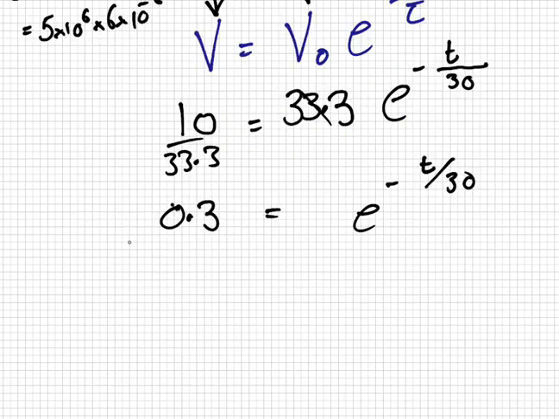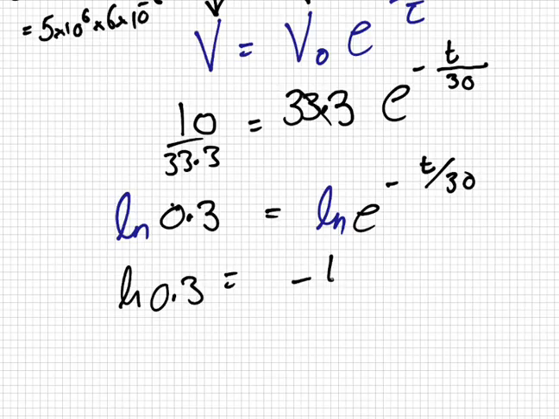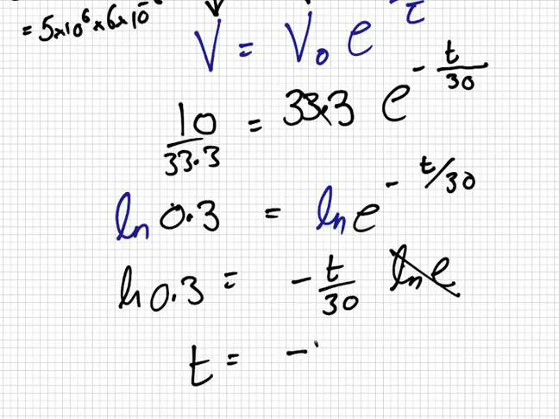I should put a log on both sides, because like what we saw in maths class, this power can come down. But what's log of e? 1. So you have t equals minus 30 log 0.3, which is 36.1 seconds.